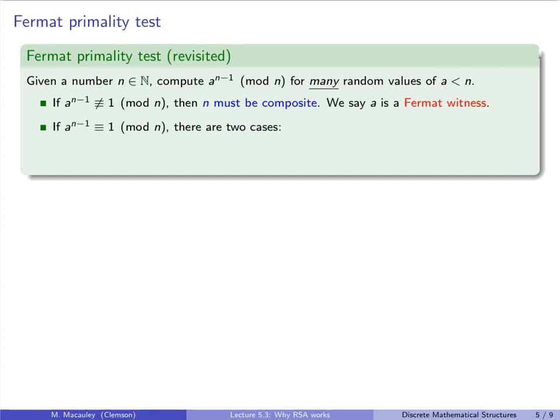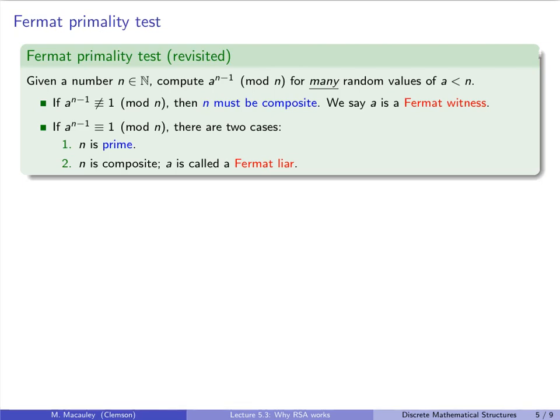Of course, if we get that a to the n minus 1 is equivalent to 1 mod n, then we don't know anything just yet. There are two cases. Case 1, perhaps n is prime. Case 2 is that n is composite.